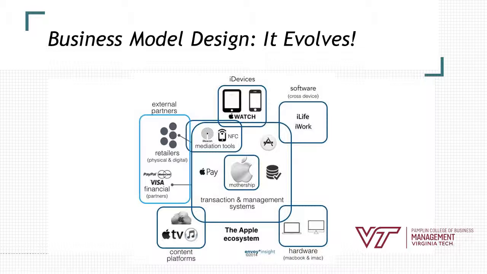Really going through many different types of partners. If you look at the devices, 2008, 2009, the introduction of the iPhone, and then the iPhone 3, 4, 5, 6, 7, and we're up to the iPhone 10 now. All of that is an iterative process.